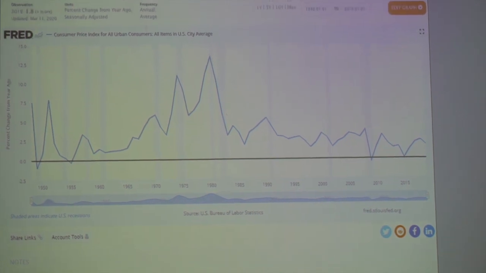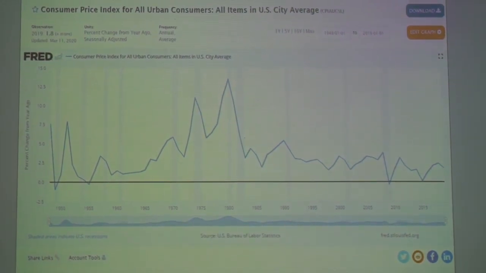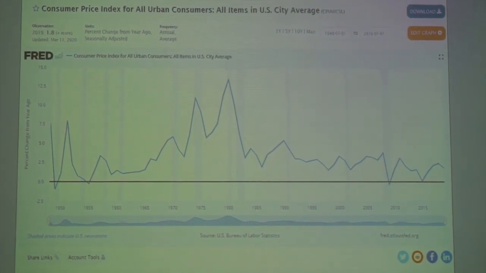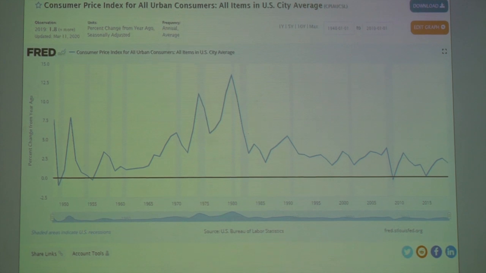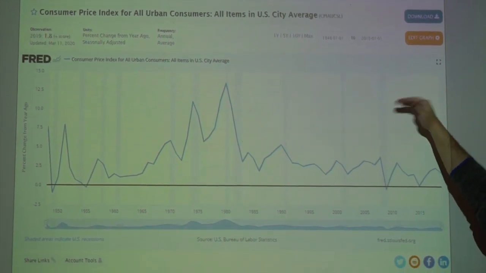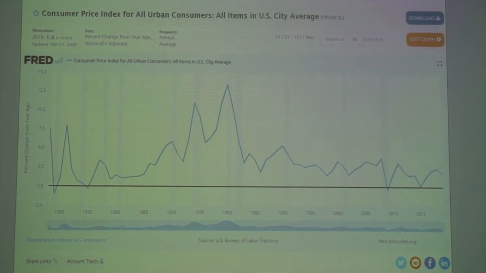You'll notice almost the entirety of the graph is above 0%. Mathematically, it has to be. If we are saying prices have always gone up, well then we have to have some kind of positive inflation rate. You can see a few of the deflation periods.